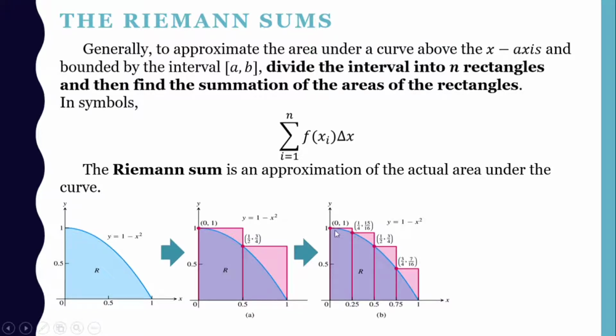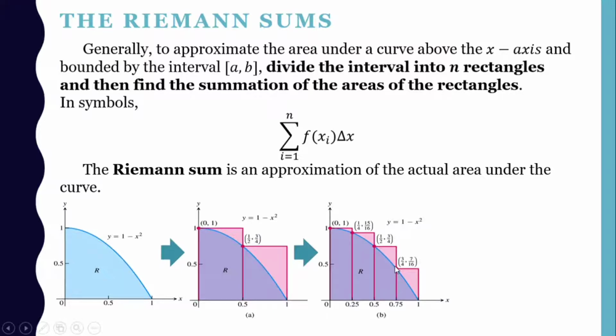So this is our curve above the x-axis, between the interval 0 to 1. There are still some areas inside the rectangles but outside the curve. Again, these represent the error in our approximation.